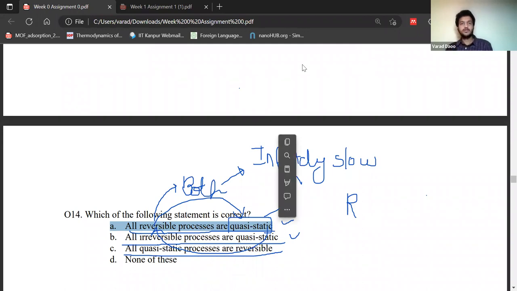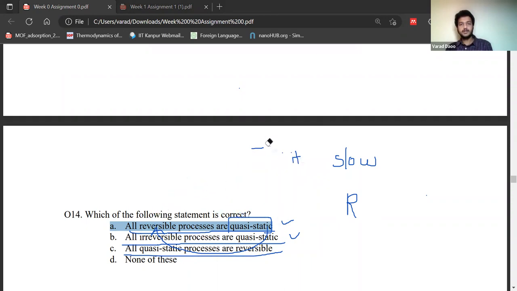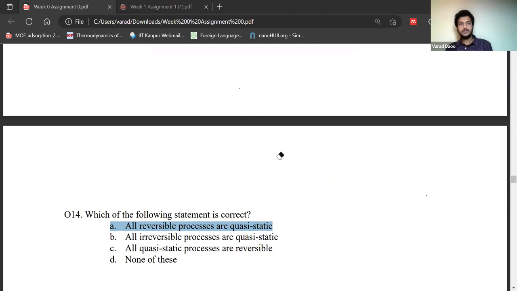Okay, so let me erase it and do it. Okay, so all reversible processes are quasi-static processes. This is correct. All irreversible processes are quasi-static processes. This is not true.